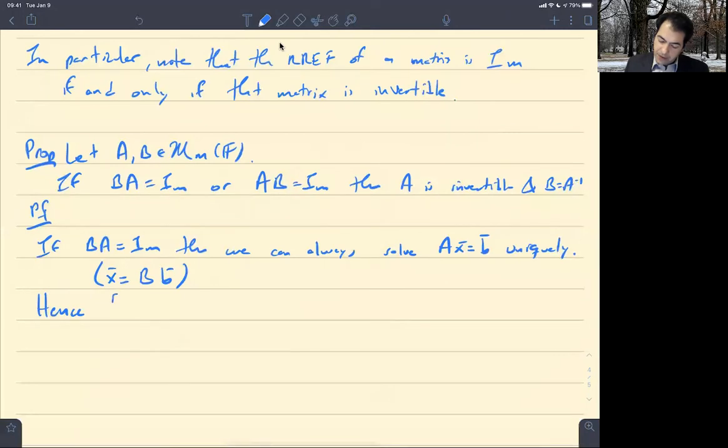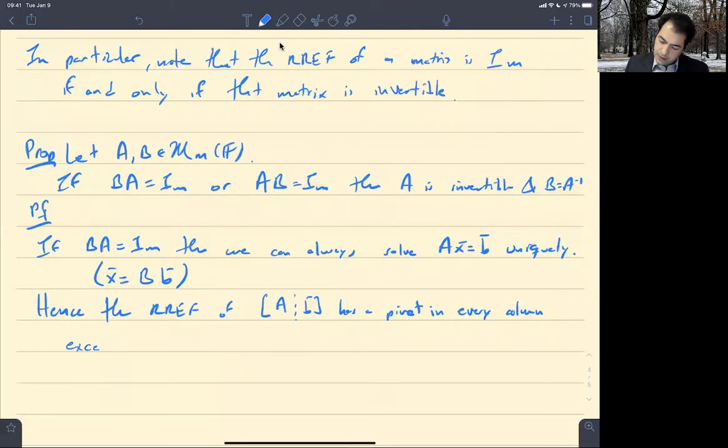Hence, if I augment the matrix with b, the reduced row echelon form of this has a pivot in every column except the last one, right?